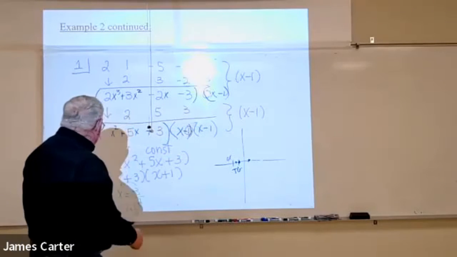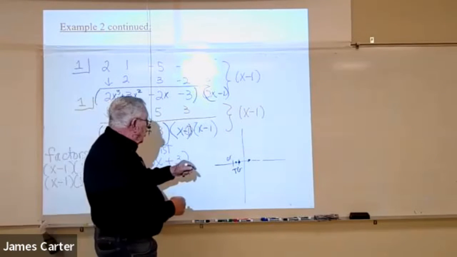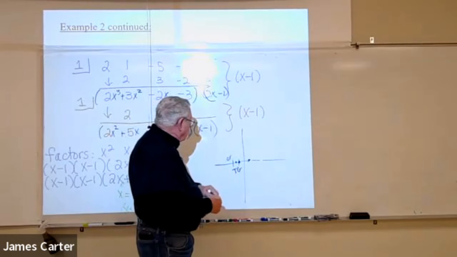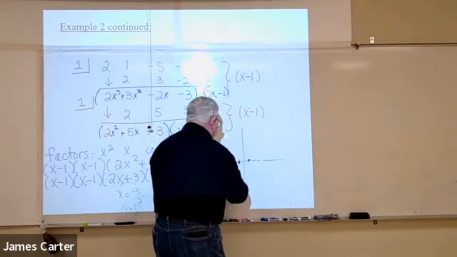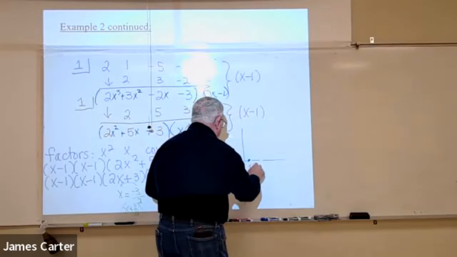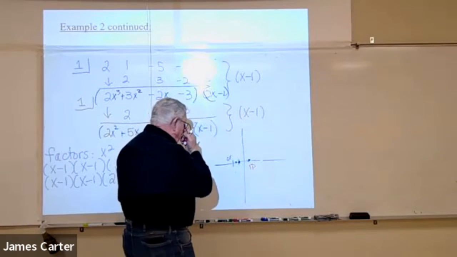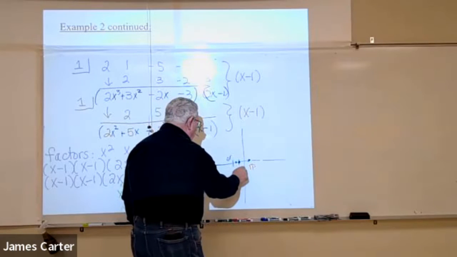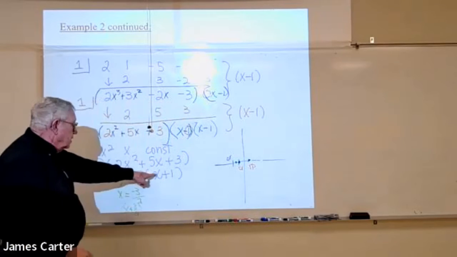Now they talked about multiplicity, but we already did that multiplicity business. That's why I said that this one is a turning point, except I said the wrong one is a turning point. It's this one over here. Turning point or touch and go. And both of these are crossing, because there are only single incidences of them.